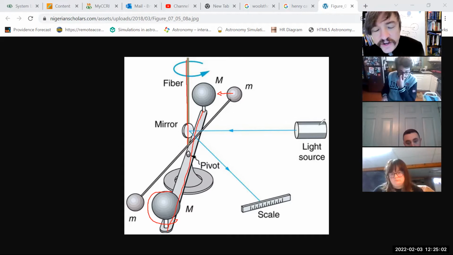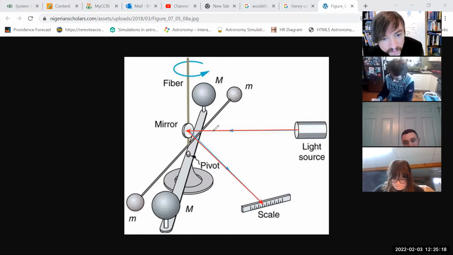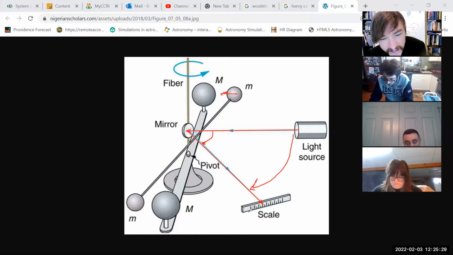But he found that he could amplify that microscopic deflection by taking a light source, and in the modern version, we use a laser because it's very narrowly collimated. He bounces the light source off a mirror, and if he projects the scale far enough away, really, really tiny deflections in the mirror, tiny deflections of these masses, will create big observable changes in the laser beam once you project it on the wall.